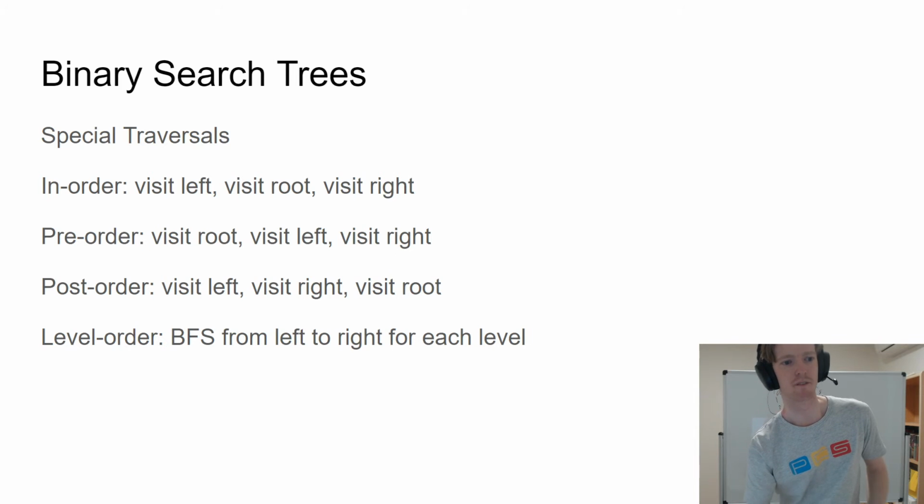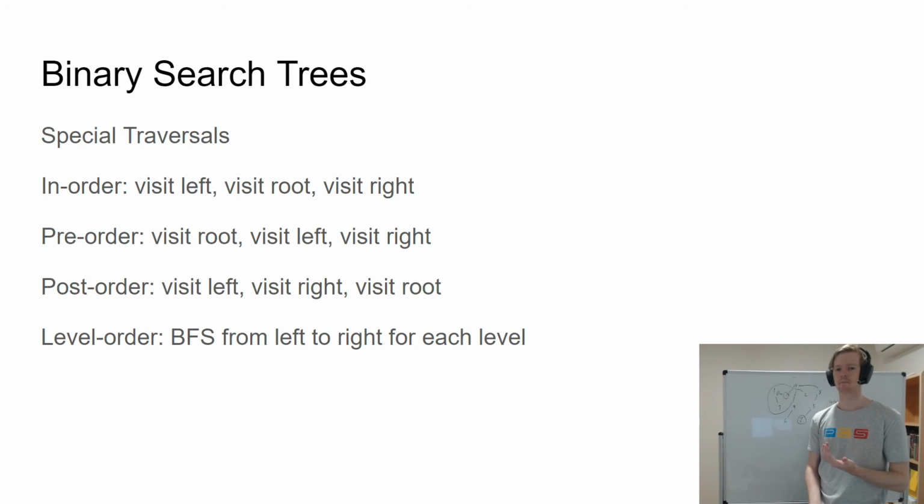So on first glance, before we talk about that, I'll just go through a couple of special traversals. These traversals come up typically during coding interviews. You don't normally see them much during contests, but it is good to know them, and it's good to have a decent idea of how they work. So I'll just quickly skim through them.